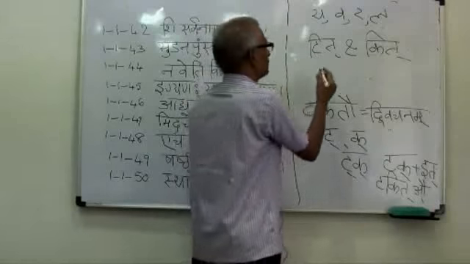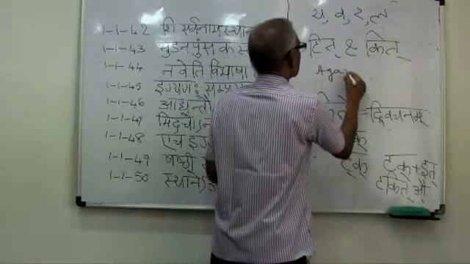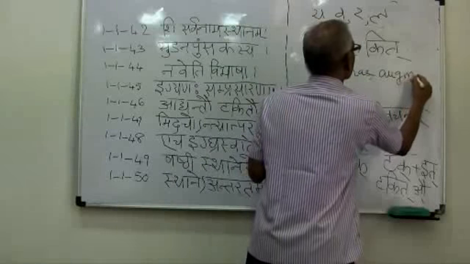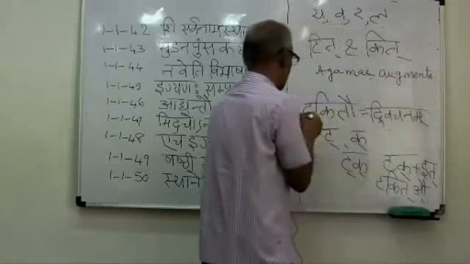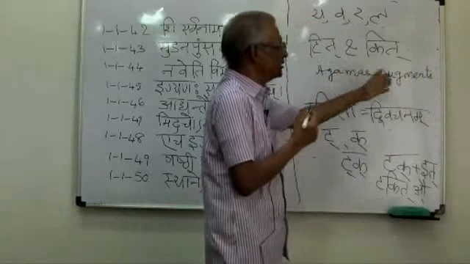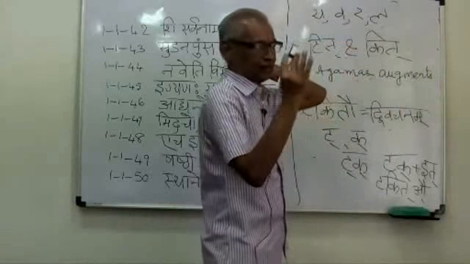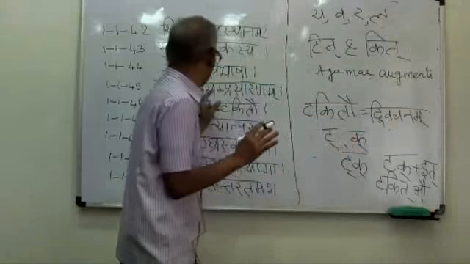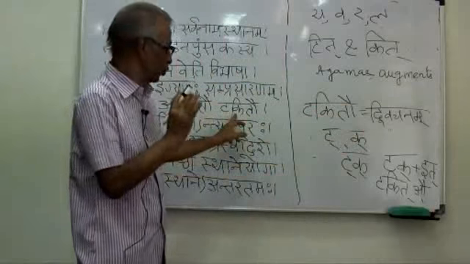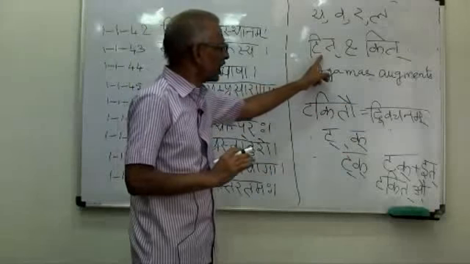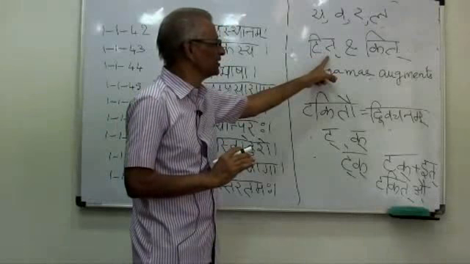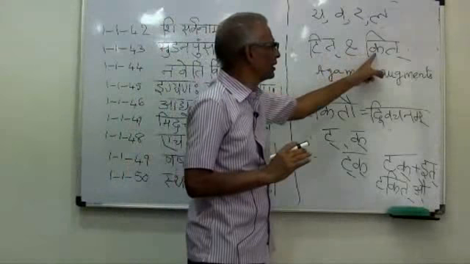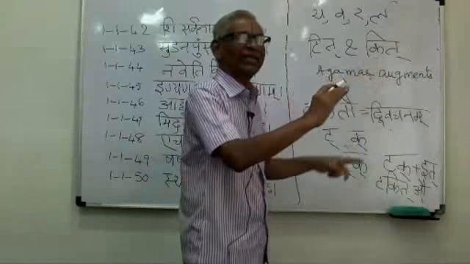These are augments. They are called agamas. Agamas means augments. When they are imposed on certain words, they join the word either before or after. To fix the place where they will join, this adyantau takitau rule is framed. That is, the agama having takara as it will be added in the beginning, and the agama having kakara as it will be added in the end.